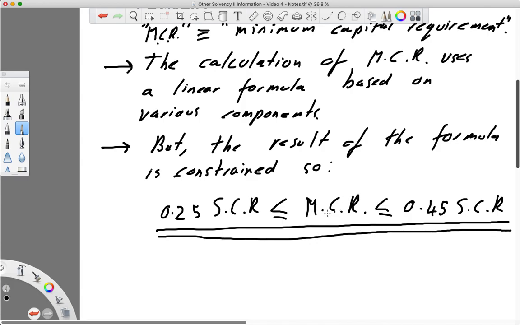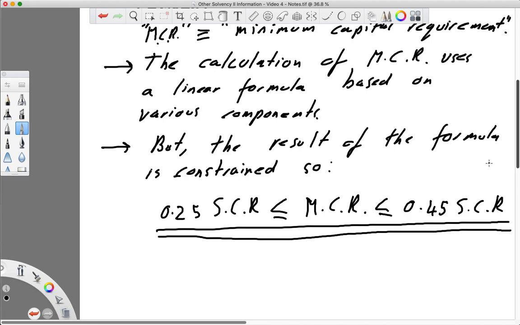So this MCR number is bounded below by this number and above by this number. So it can only exist in this range. So that's useful. The regulations require you to know what your SCR is and also what your MCR is.